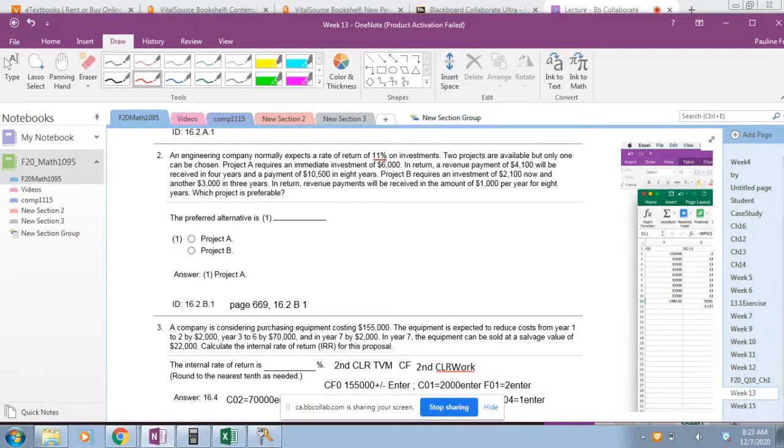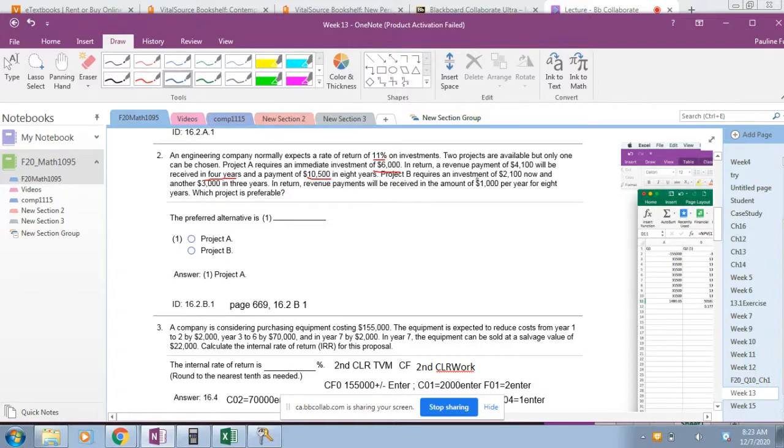Project A requires an immediate investment of 6,000. This is a cash outlay. In return, a revenue payment of 4,100 will be received in 4 years, and a payment of 10,500 in 8 years. So that is project A.